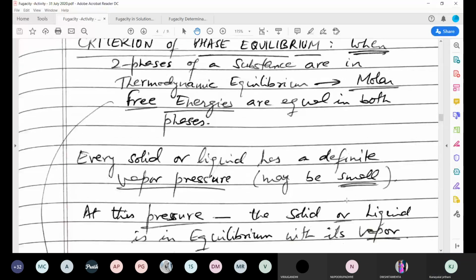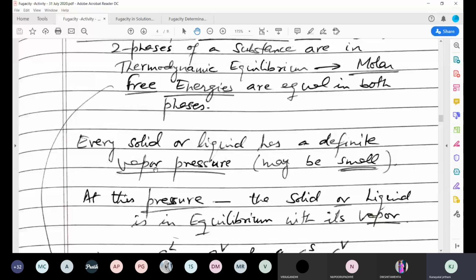So every solid or liquid has some vapor pressure when they are in equilibrium. Solid-vapor equilibrium is essentially sublimation, when, for example, naphthalene goes from solid phase directly to vapor phase, or dry ice, which is CO2 in the solid phase, goes directly to vapor phase.